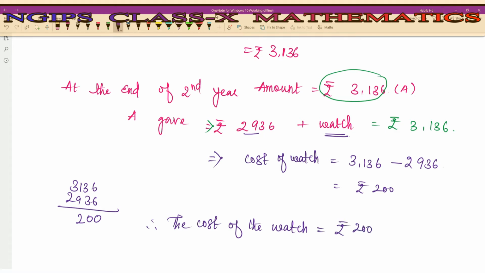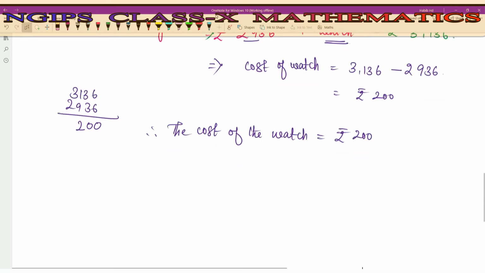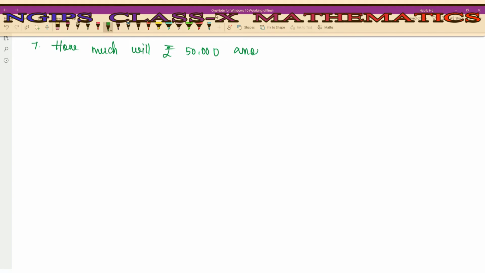Next we will move to the next question, the seventh one. How much will rupees 50,000 amount to in 3 years?